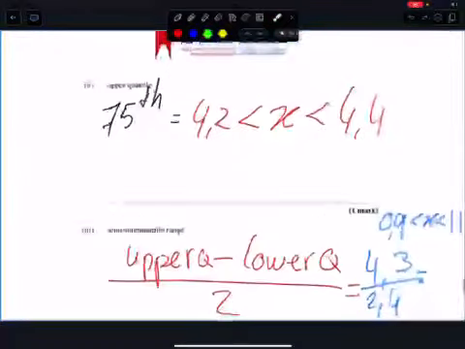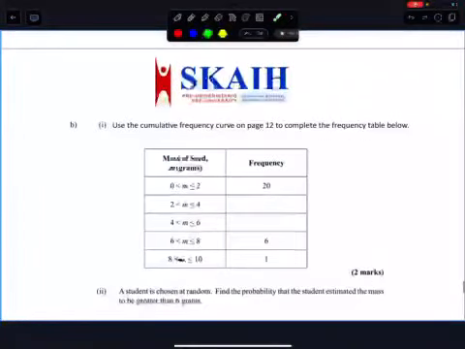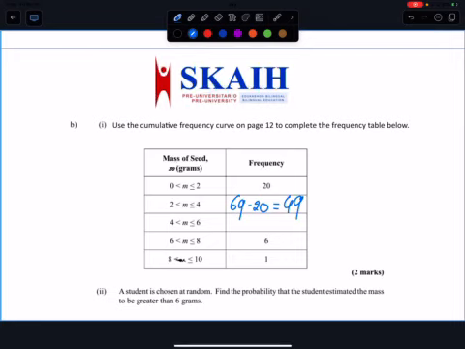So your answer should be 69 subtract 20. And your correct answer would have been 49. Wait, 69 subtract 20.